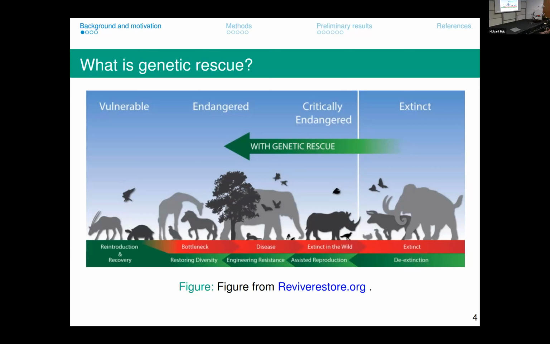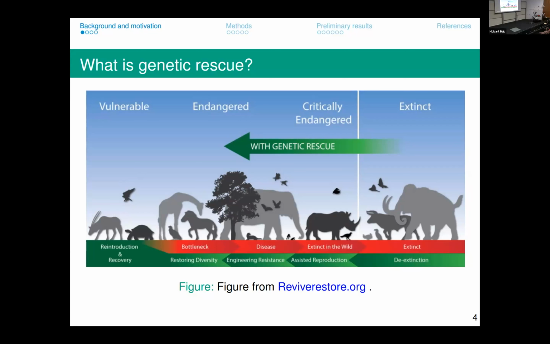Genetic rescue is supplementing populations that are suffering with genetically healthy individuals. It's more about rescuing before they cross the line. If they cross the line, extinction is another, newer area of genetic rescue research.